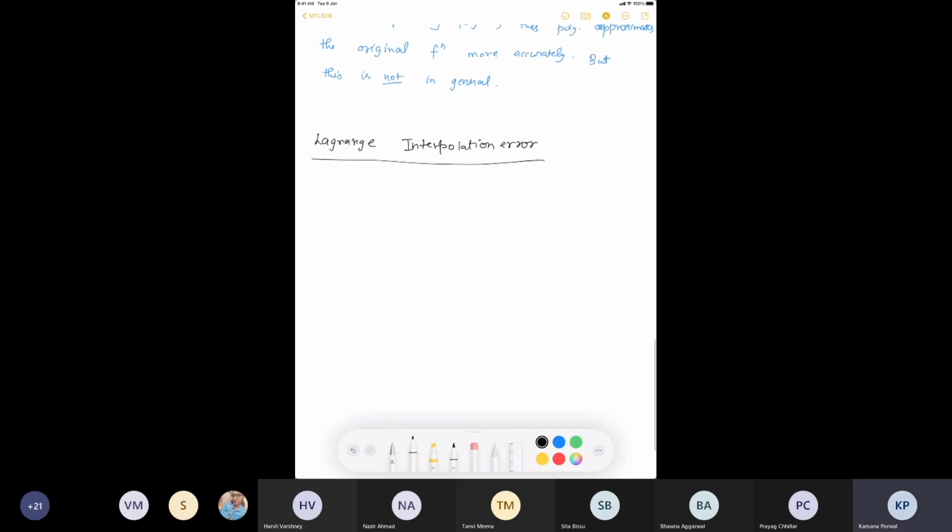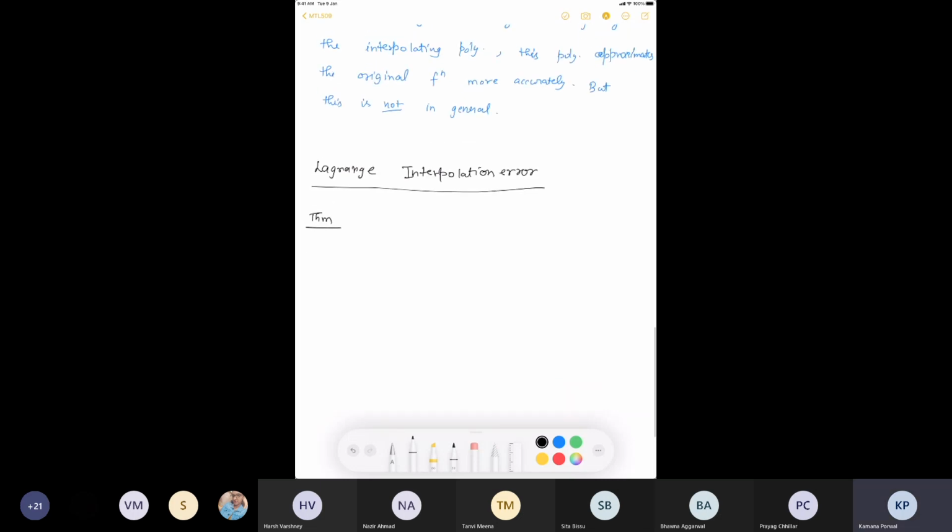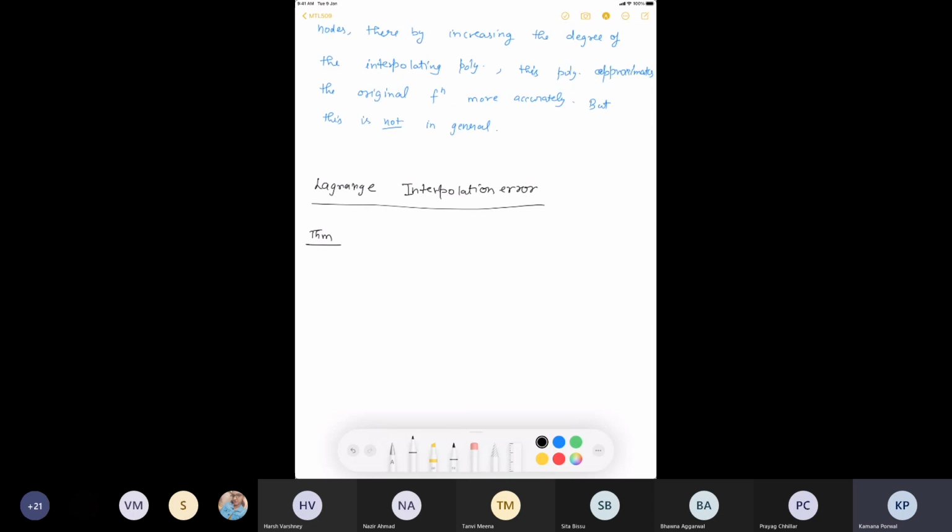So I'm going to state this as a theorem. I will be requiring this notation here, which I've used before also. This is H, and I'm taking a1, a2, up to an. You can have as many points as you want. This is the notation I'm using for the smallest interval containing all these points.